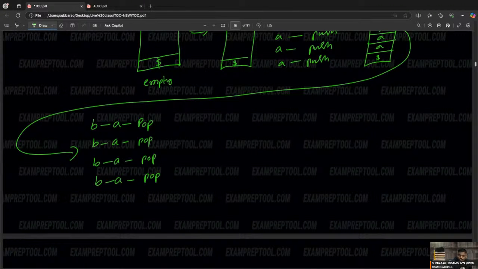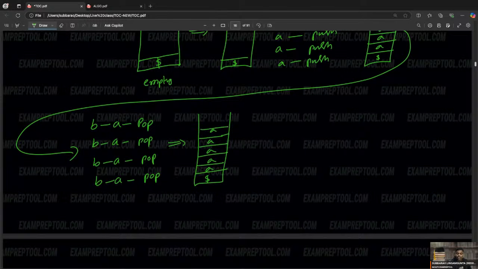After completion of this, if you see the diagram, dollar will be there and A's will be there. Now see the answer: 5 A's. Now if you see the input string, it is 5 A's, 5 B's.